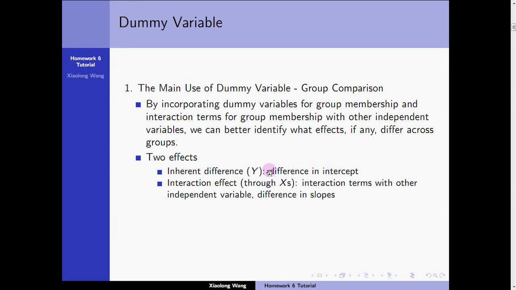Or we may have another reason, saying that men are better at school, so they tend to have a higher level of education than women. So because of their higher level of education, then they earn more money. So in this case, we may have an interaction term between gender and education.